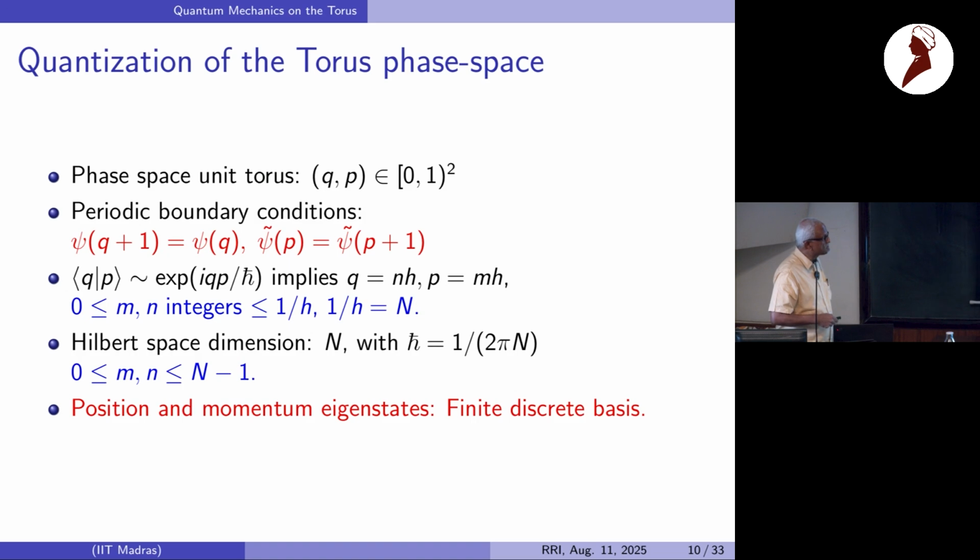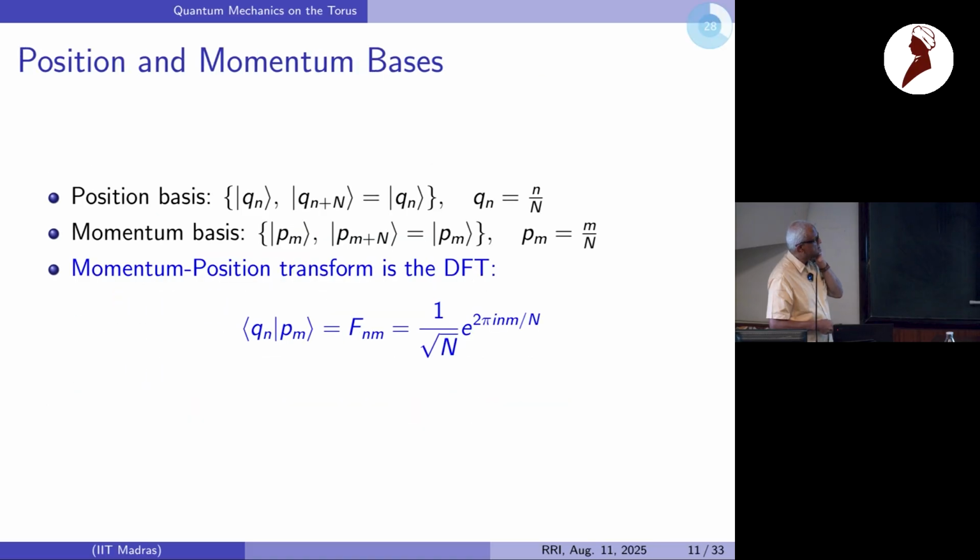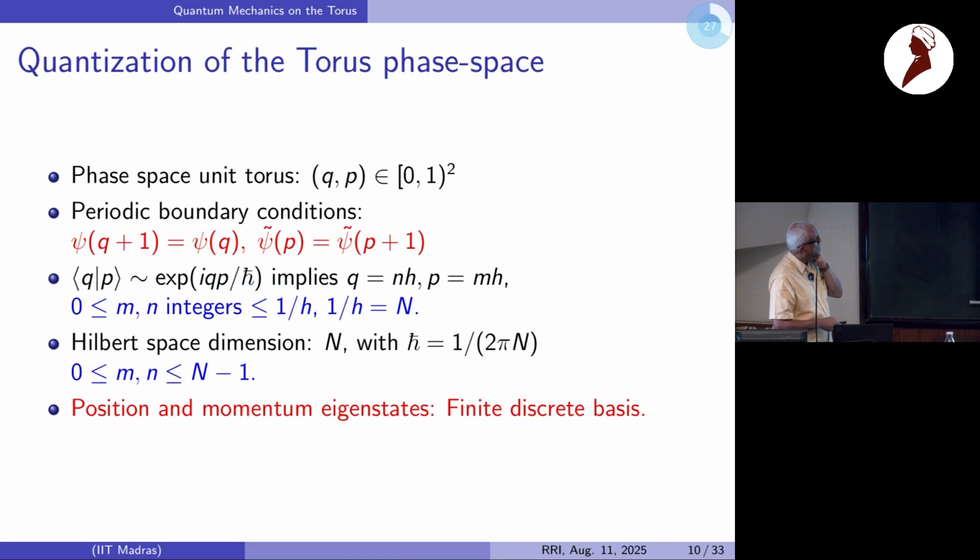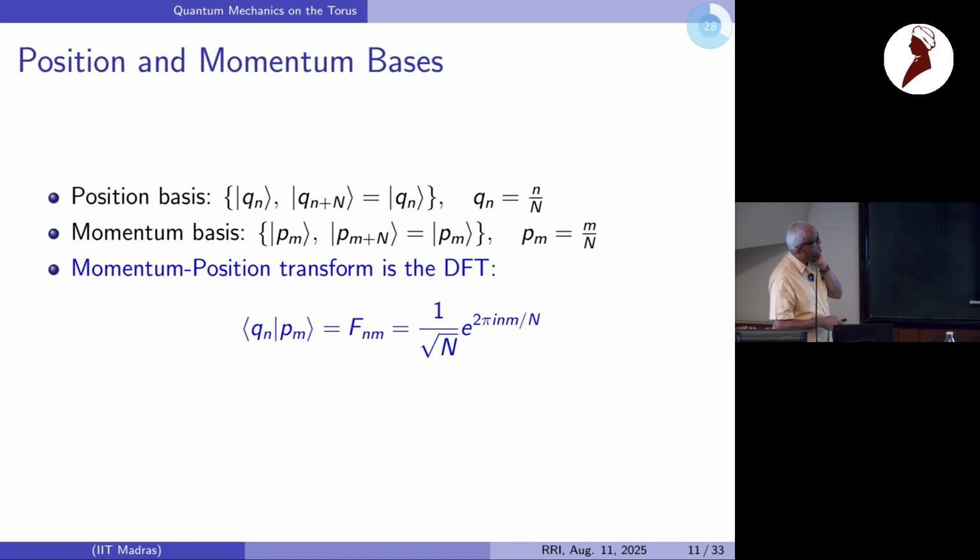So this is basically finite quantum mechanics. Position and momentum eigenstates are finite discrete bases, which are just this discrete Fourier transform. In fact, Schwinger developed the entire quantum mechanics by going to discrete spaces and then making this periodicity infinite.